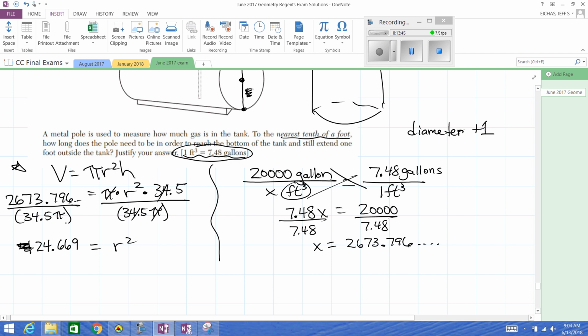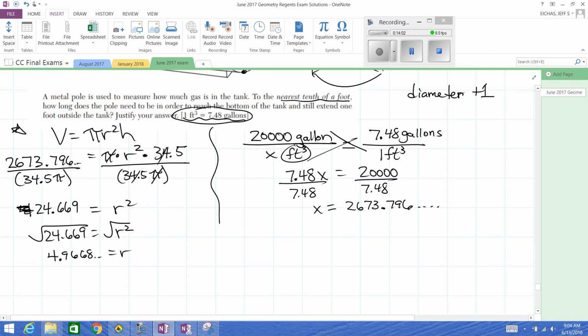Okay. All right, so now we have to square root both sides, to get rid of the squared. And I get 4.9668. It's just r. But remember, we want the diameter plus 1.